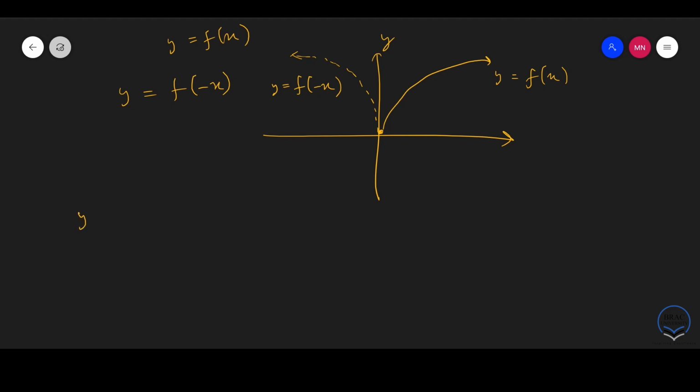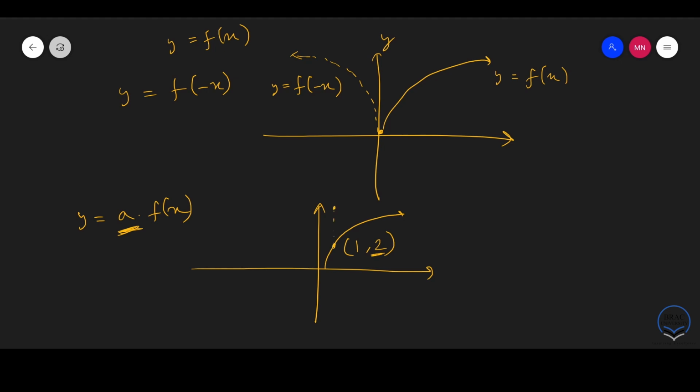And instead, if we have our function being multiplied by a factor of a, then in this case the graph gets scaled vertically by a factor of a. So if we have a point on this graph that is, say, 1 by 2, then we're just multiplying the y-coordinate by the factor a. So this point will become 1 by 2a.